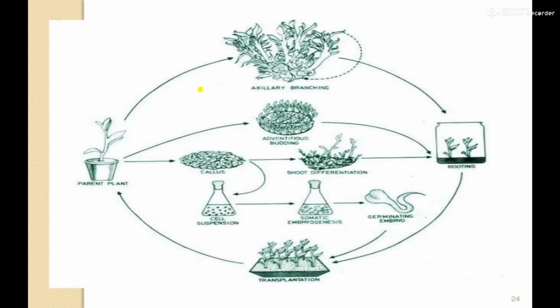Okay, then these are the axillary branching, from parent plant to rooting. Then parent plant to formation of callus, then shoot differentiation, then formation of roots. The third method is adventitious budding and root formation. Then from the parent plant, callus formation, then formation of cell suspension, then somatic embryogenesis, then germinating embryo, and then transplantation.